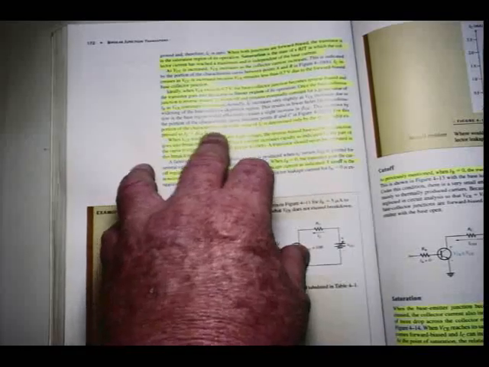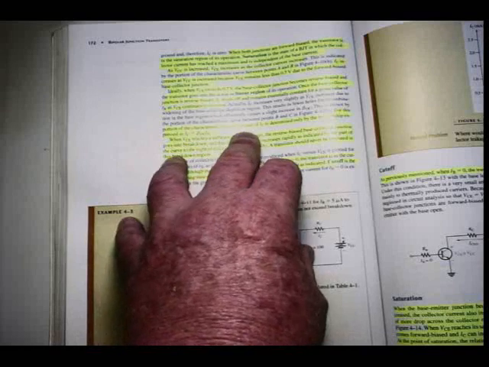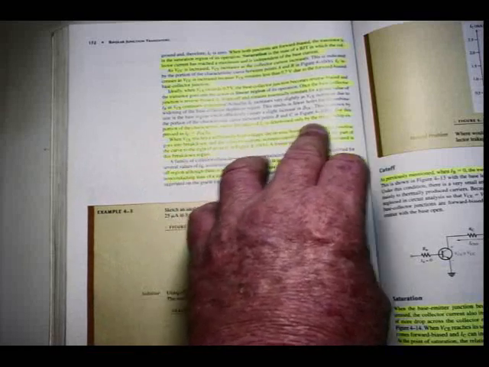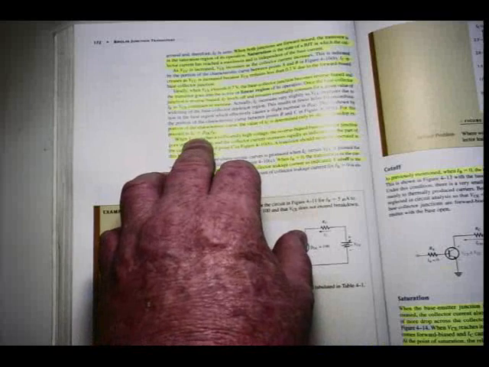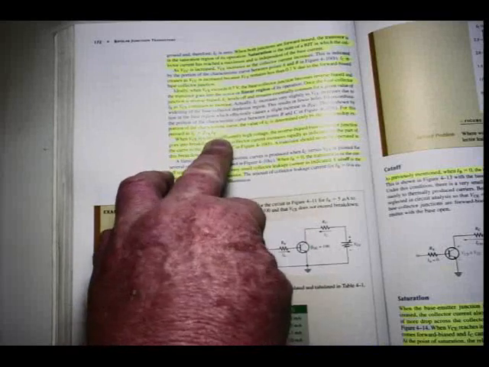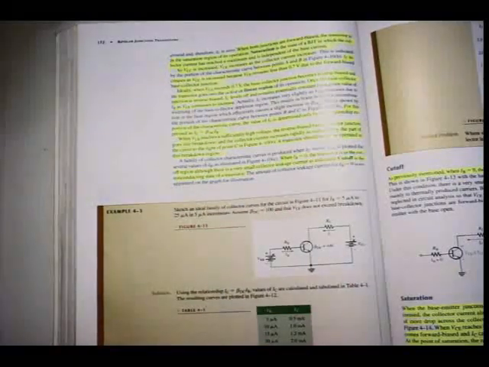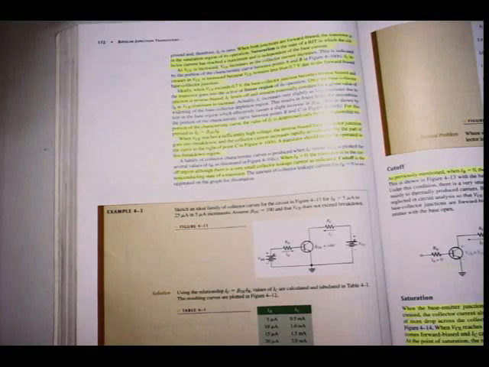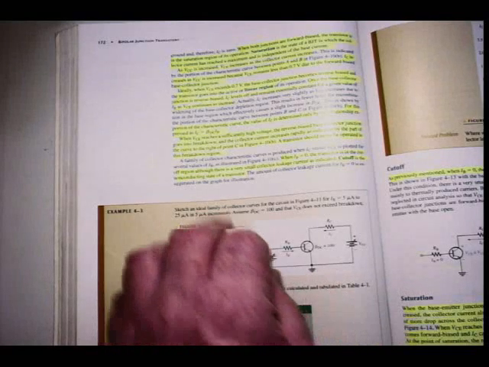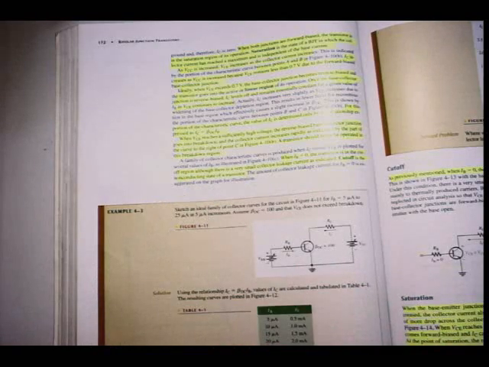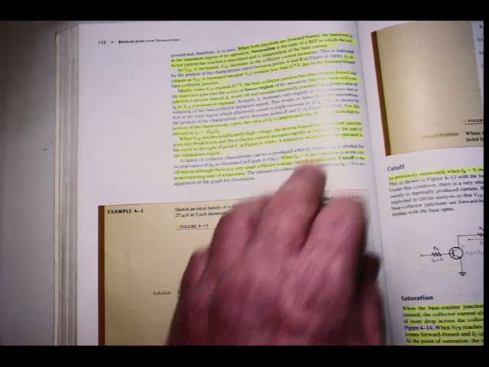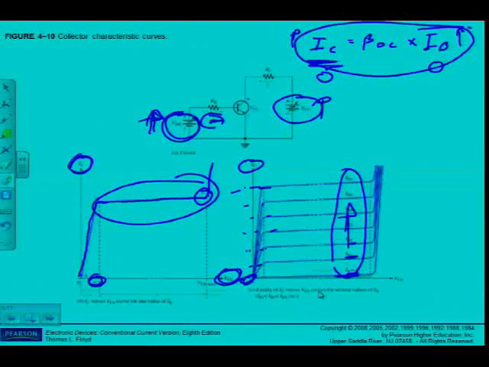For this portion of the characteristic curve, the value of IC is determined only by the relationship expressed as IC is equal to beta DC times IB, as we've seen here. Between points B and C, my formula of IC equal to beta DC times IB remains true.